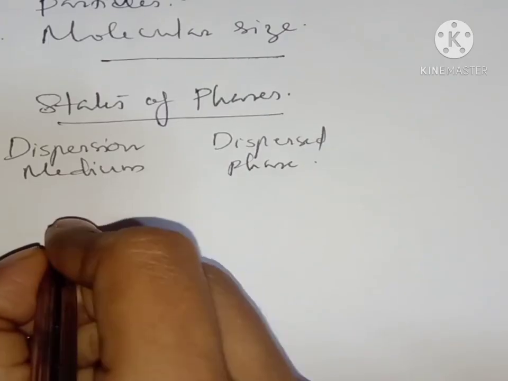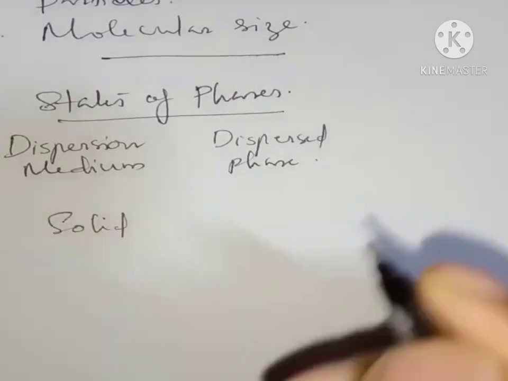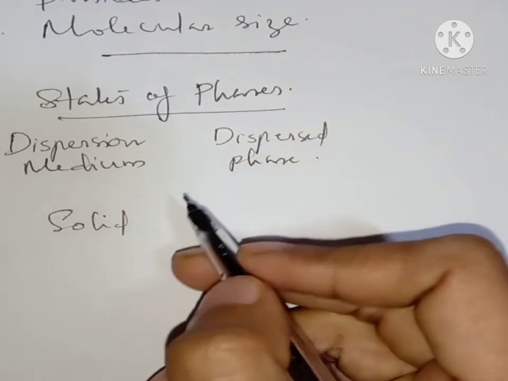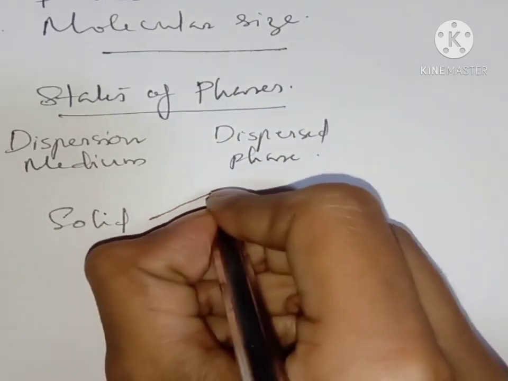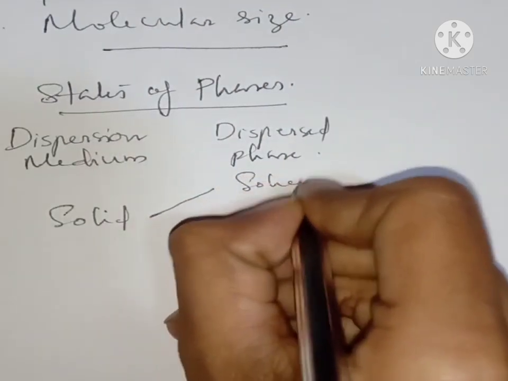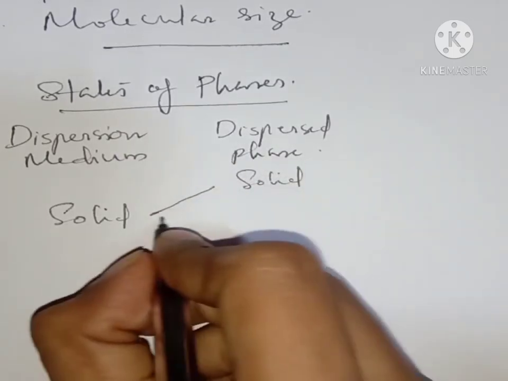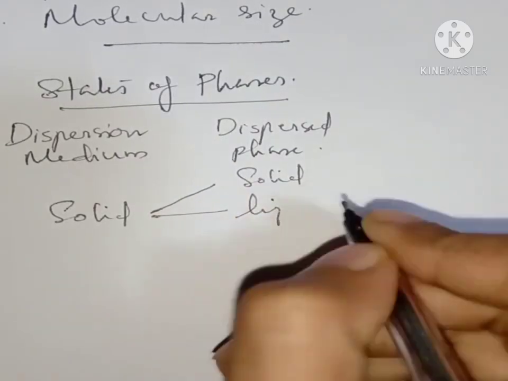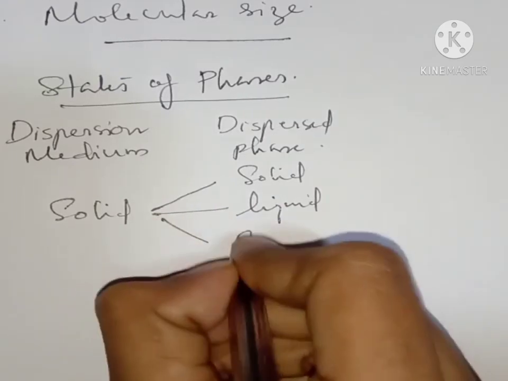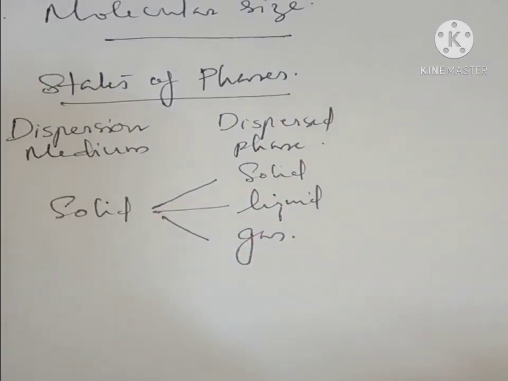If the dispersion medium is solid, there are three possibilities. Dispersed phase can also be a solid, or it can be a liquid or gas.